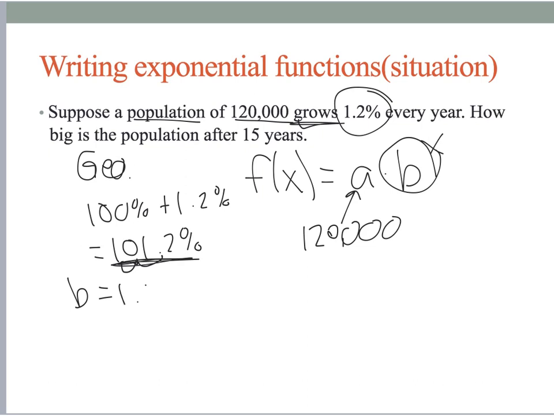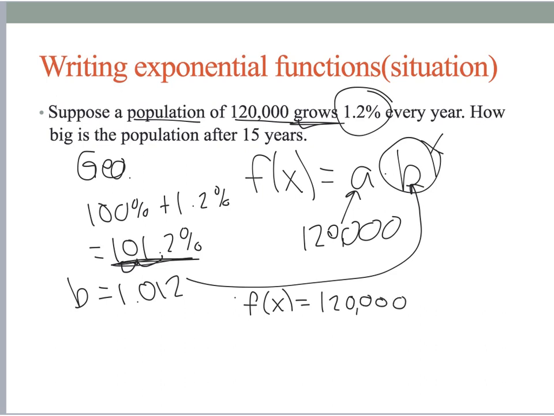So 1.012 becomes my B value. So if I rewrite my function now that I have it, I get 120,000 times 1.012 to the x.